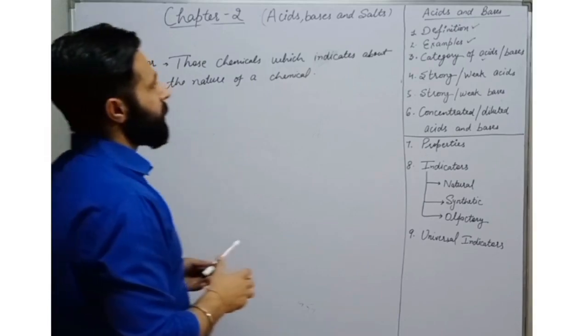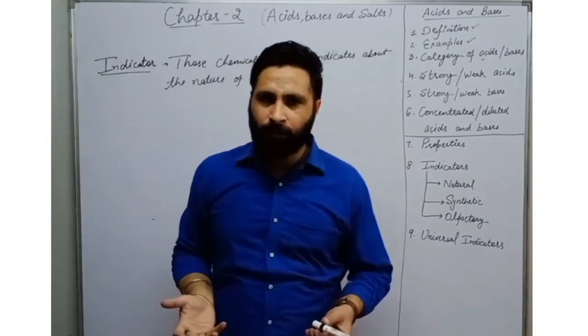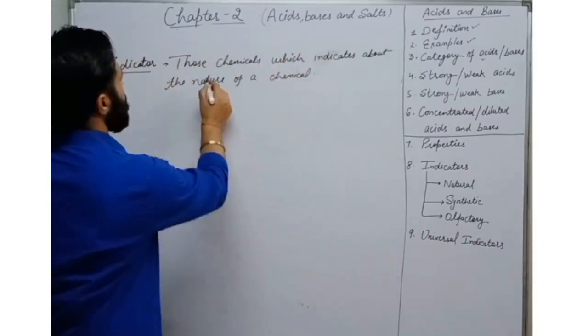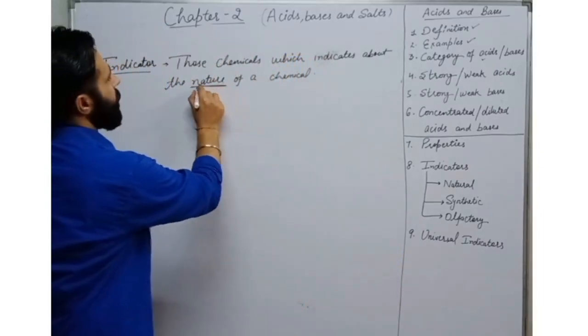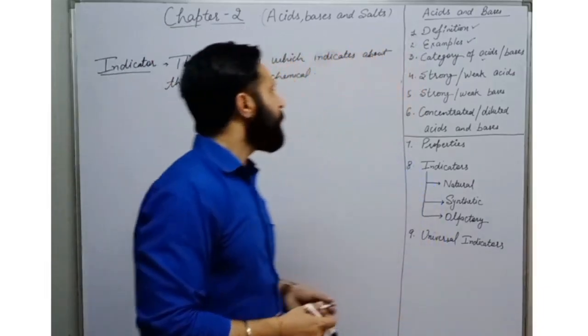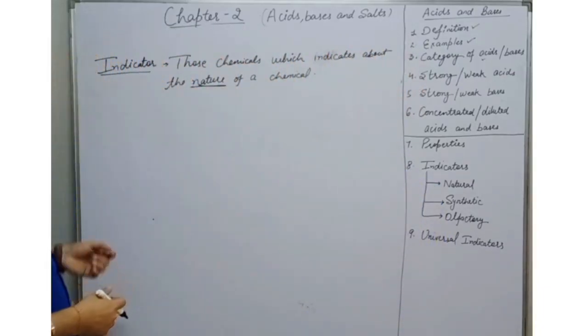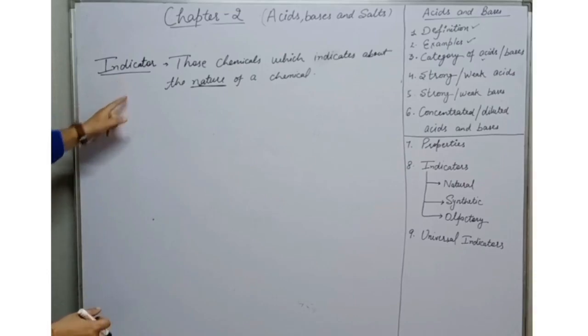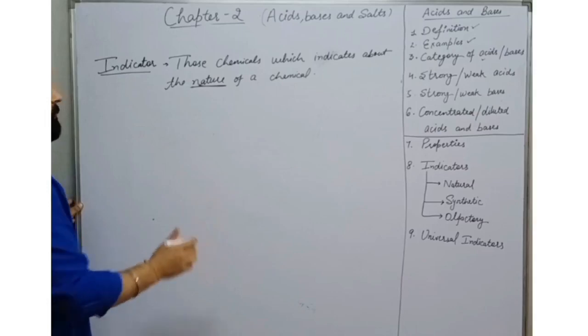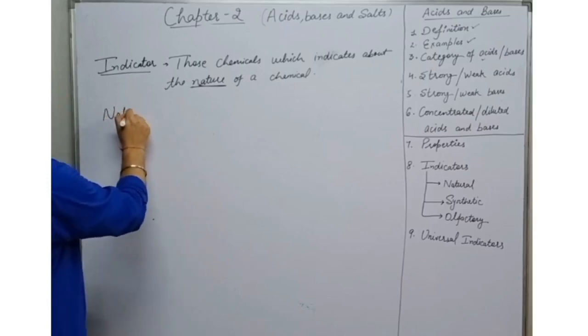What is the nature of the chemical? It is acidic, basic, or neutral. So indicators are divided into mainly two parts. Natural indicators.